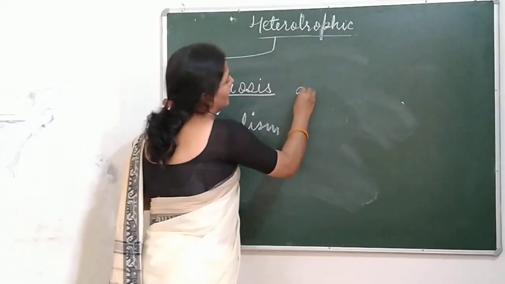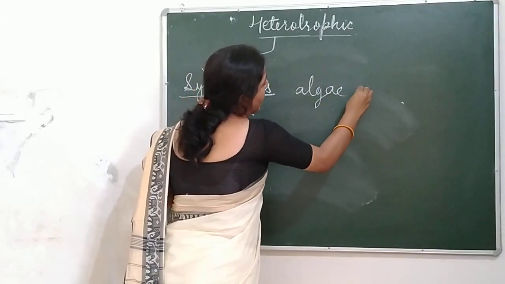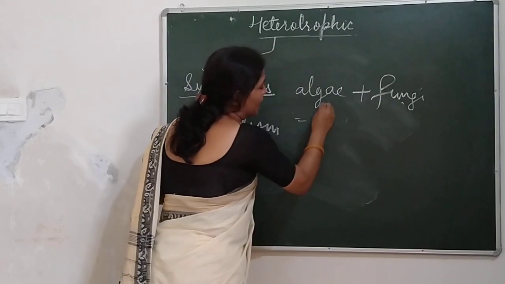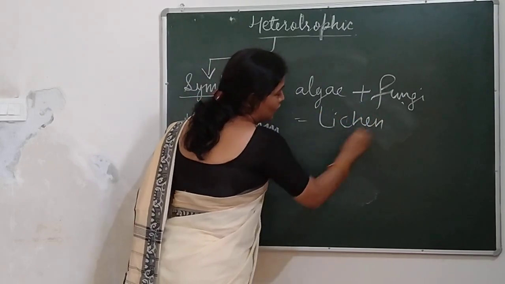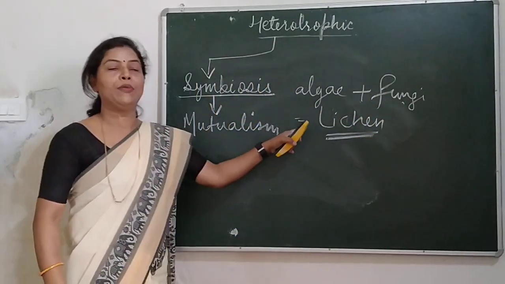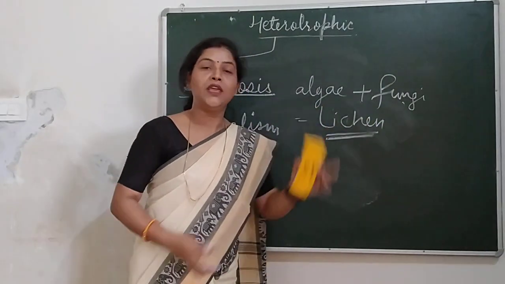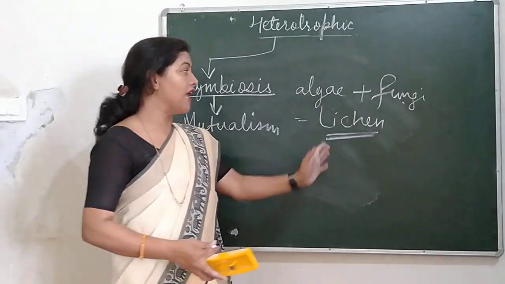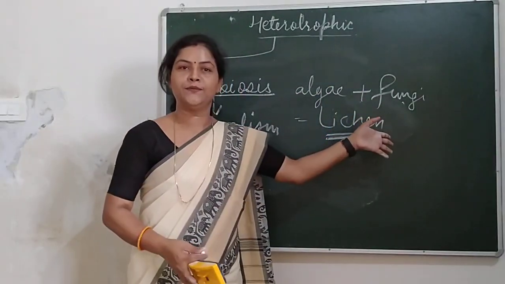Like for example, algae and fungi equal lichen. So this lichen is the combination of algae and fungi. Here both are of different species and they live together.